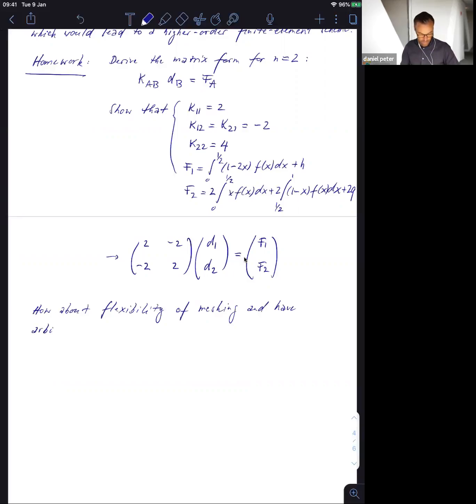And have kind of all arbitrary element sizes. Because we might want to adapt the element size to the geometry of the body. Make smaller elements where the geometry is complex, and choose larger elements where the geometry is very regular.